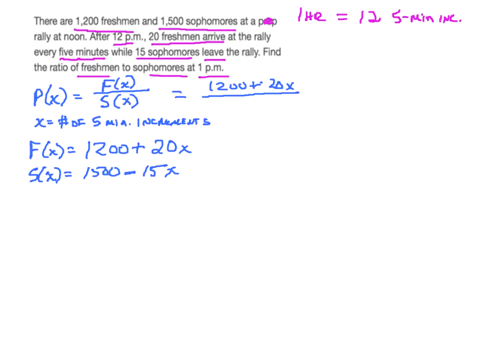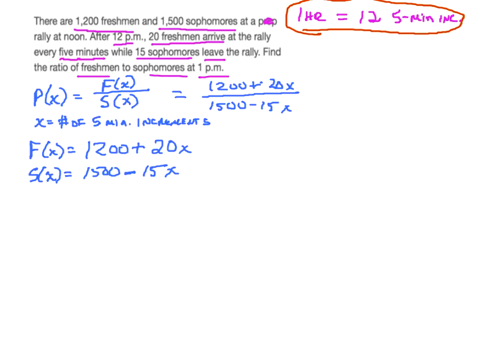So my function is 1,200 plus 20 times X over 1,500 minus 15 times X. Don't forget, X is standing for the number of 5-minute increments.